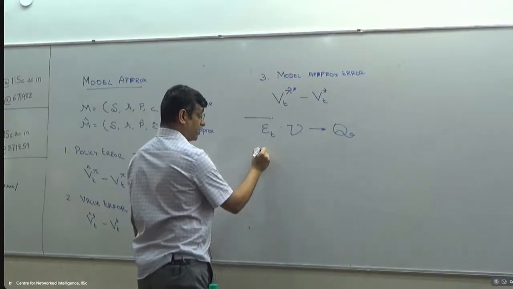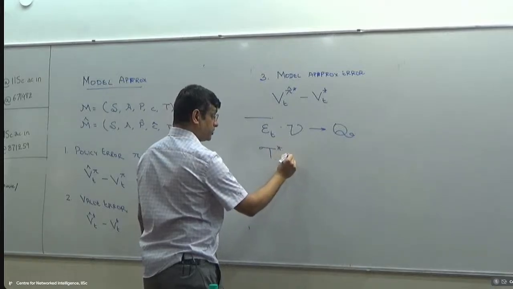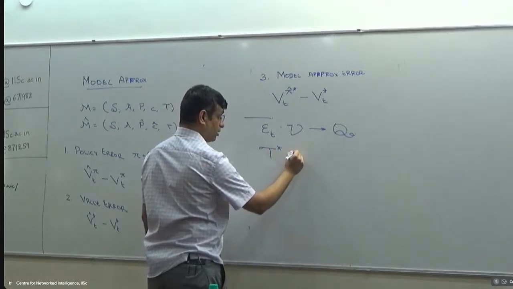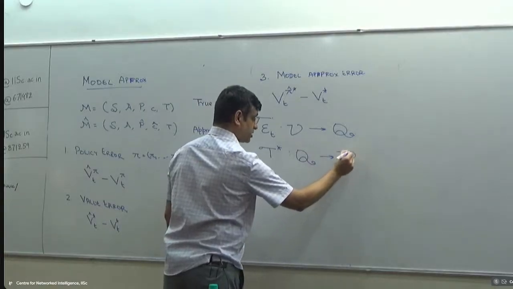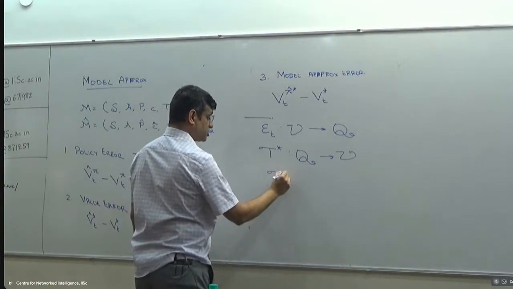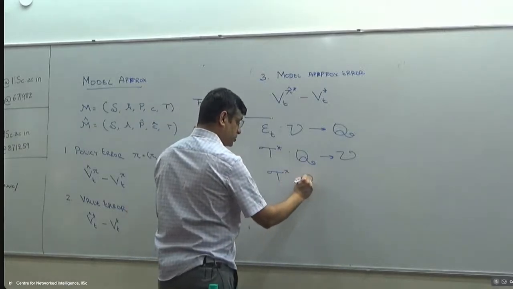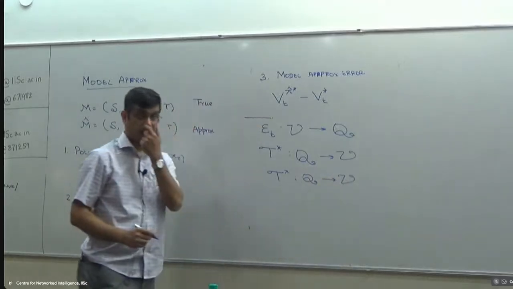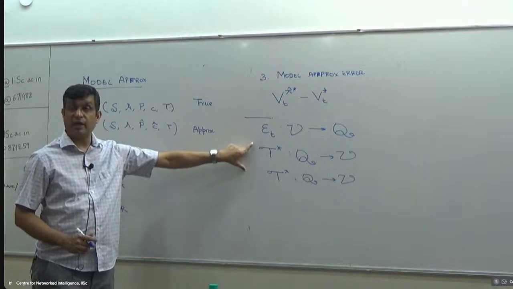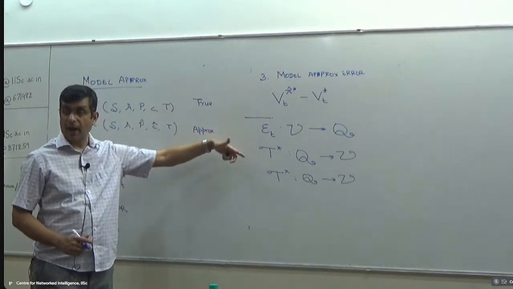I had defined the action selection operator T star, which takes a Q function and gives me a value function, and the policy action evaluation operator, which takes a Q function and gives me a value function. And my dynamic program then was a composition of these things applied one after the other.